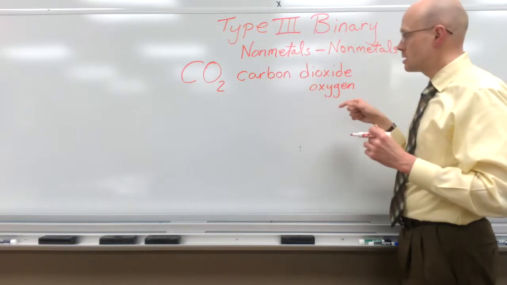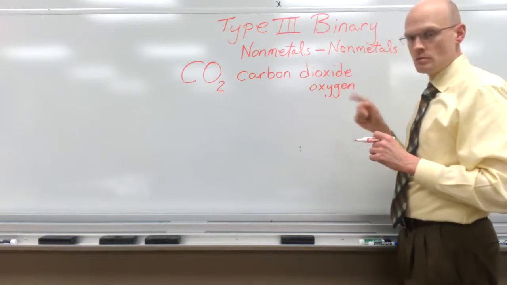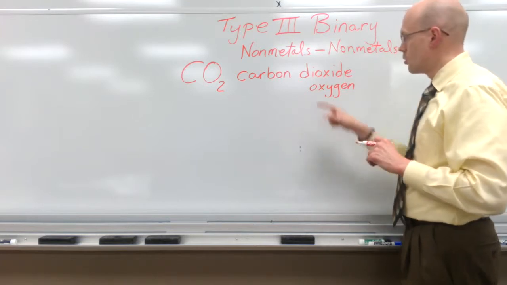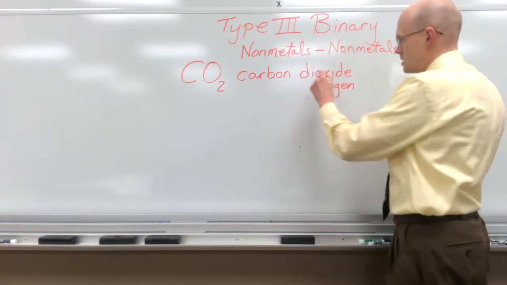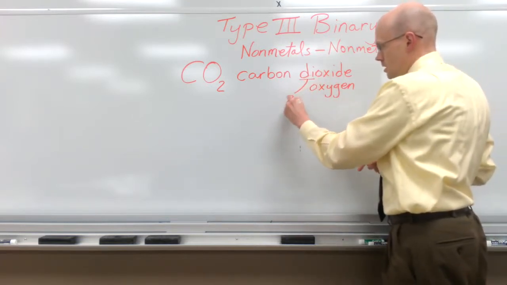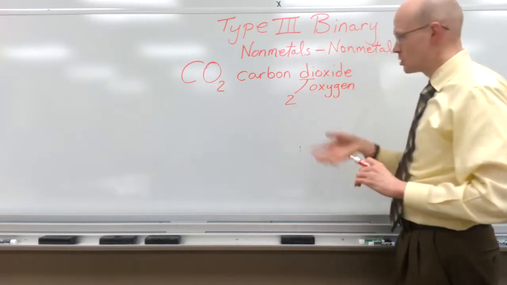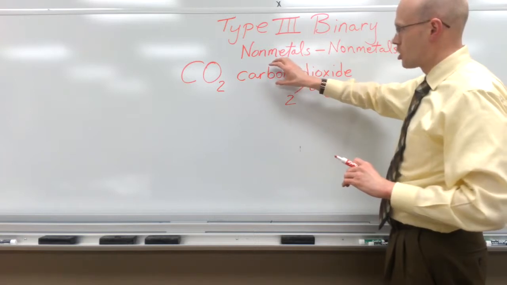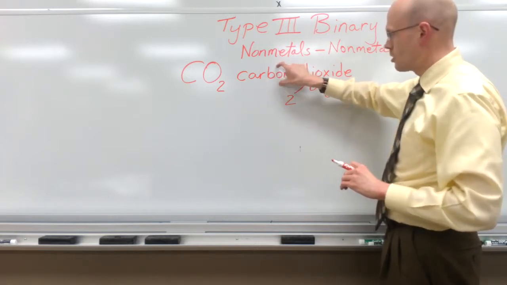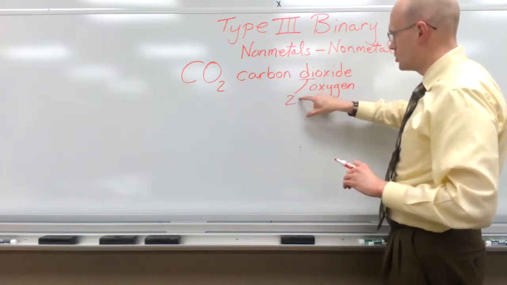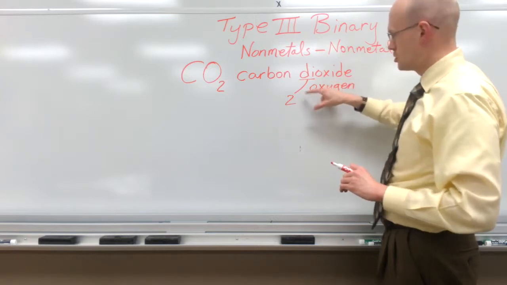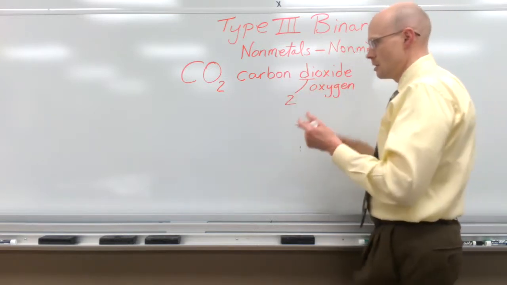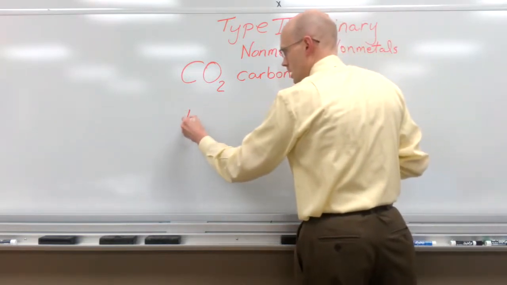Now, to represent that there are two oxygens present in this compound, we use the numerical prefix di, meaning 2. So when we take this name apart, we are saying carbon, one carbon, with two oxide, two oxygen. So carbon dioxide.